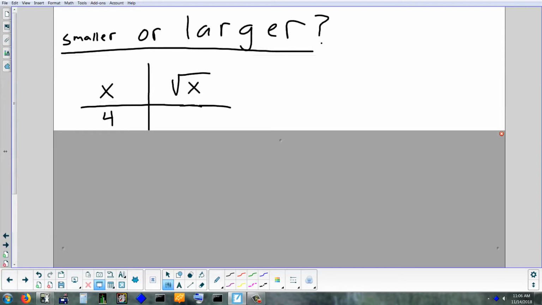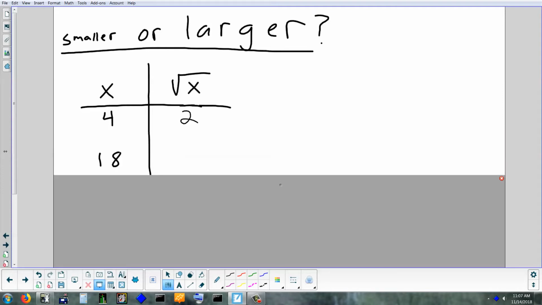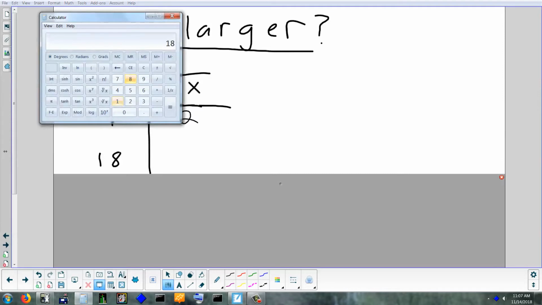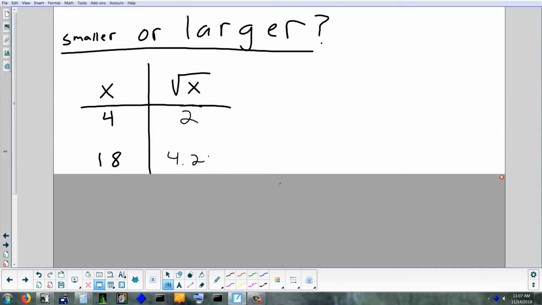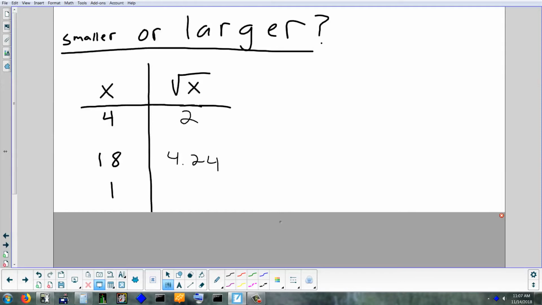We already did that one. Square root of 4 is 2. So I agree, that one got smaller. Let's try the square root of 18. That's not one I can do in my head quickly, so I'm just going to get a decimal for it. We get 4.24. It got smaller. How about the square root of 1?